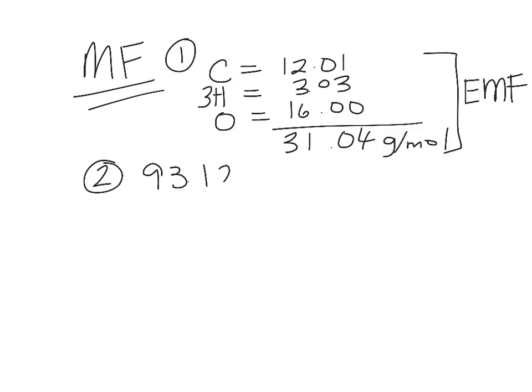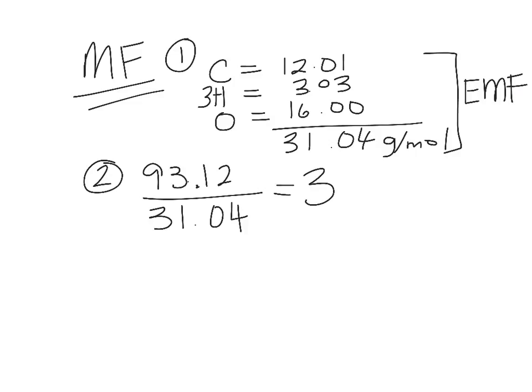Where do you get that? It gave you that in the question. It has to give you the molar mass of the compound. How many times does 31 go into 93? 3.